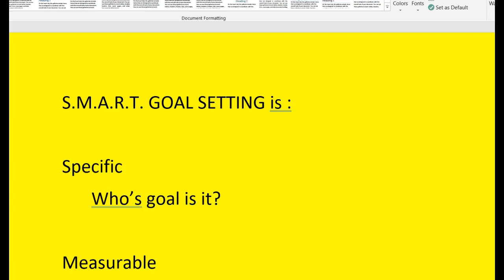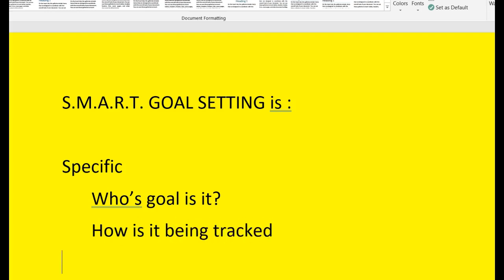Why specifically this goal is important, and what exactly are the parameters you're measuring. So just to put the main ideas in, put how is it being tracked, and parameters.